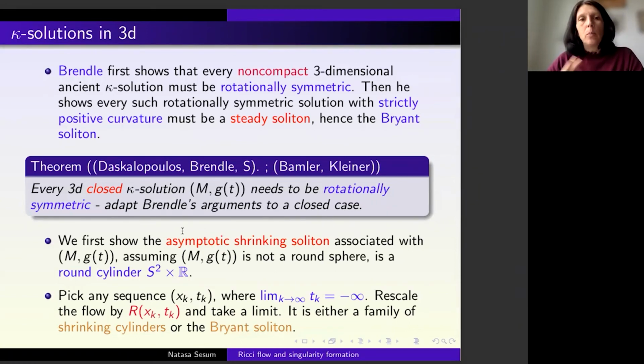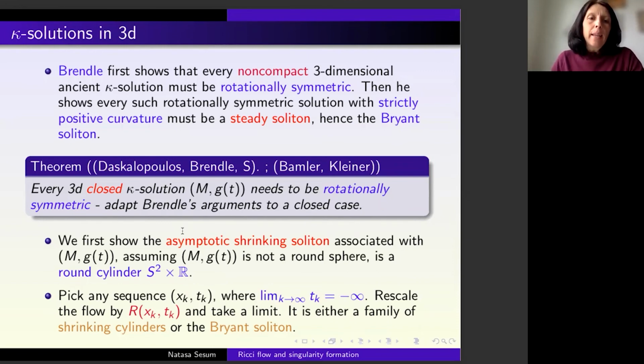You have to be more careful because you are not complete anymore, you are compact, but you can work out and use his arguments, adapting them to the compact case to prove that you indeed have to be rotationally symmetric even in the compact case. And independently, Bamler and Kleiner proved the same result, but using completely different methods. They use their notion of singular Ricci flow for that.